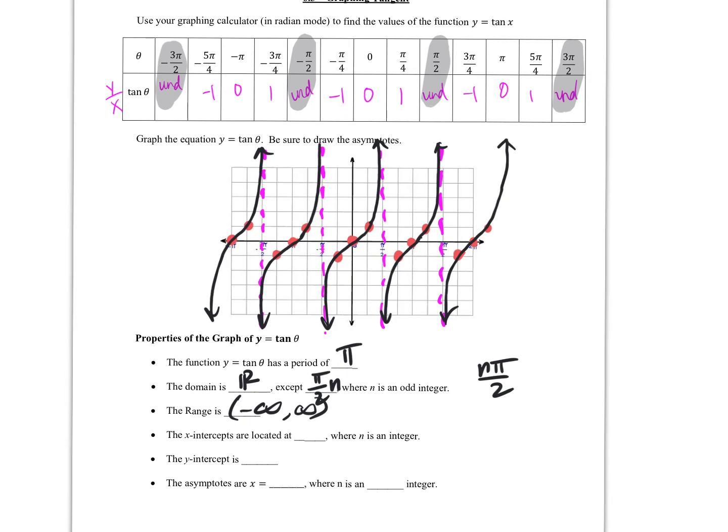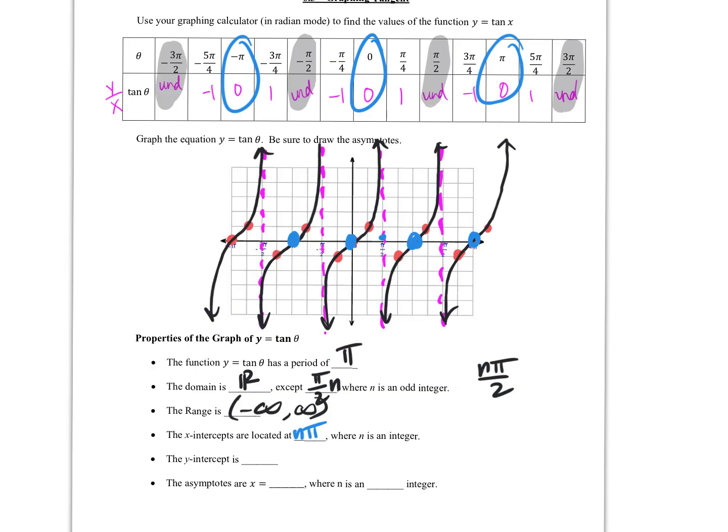What about those x-intercepts? My x-intercepts are here. Here. I drew one in the wrong spot. Come on, buddy. Okay, here. Where are those happening, guys? Yeah, you're like, all right, anytime it's 0, at negative pi, 0, 1 pi, 2 pi, 3 pi. So that's just going to be any n pi.